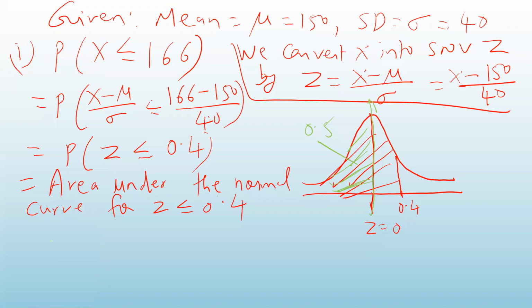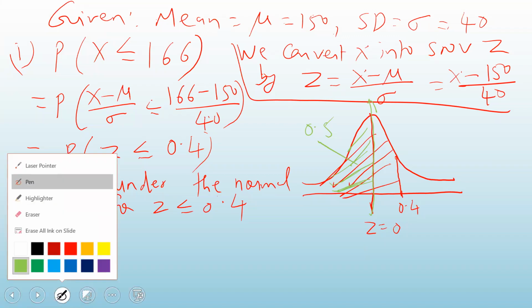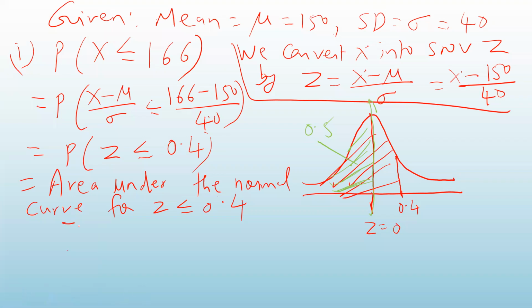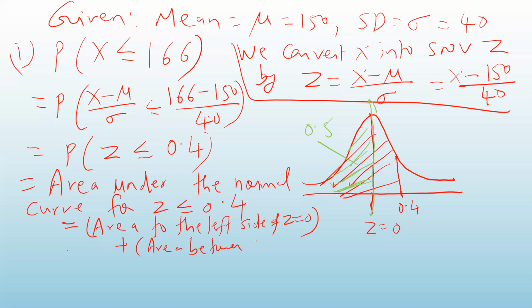We can write it as the area to the left side of z equal to 0 plus the area between z equal to 0 and z equal to 0.4. So this area I can split up into two parts.